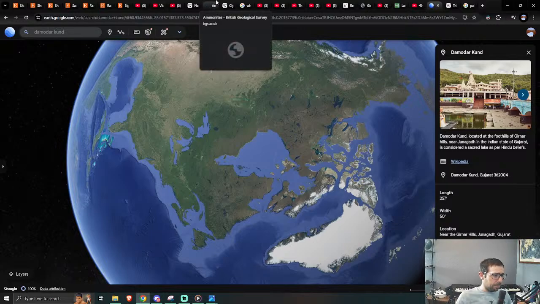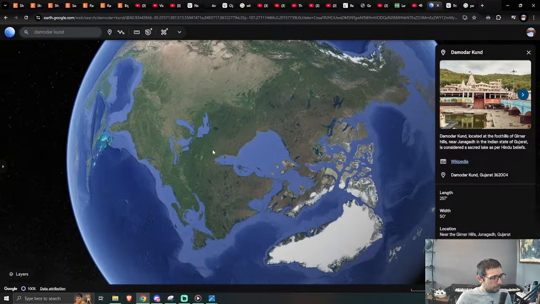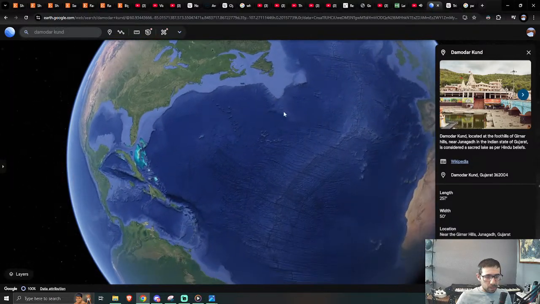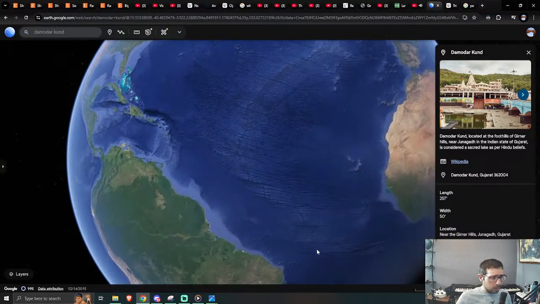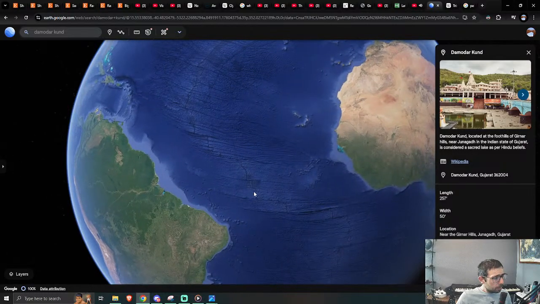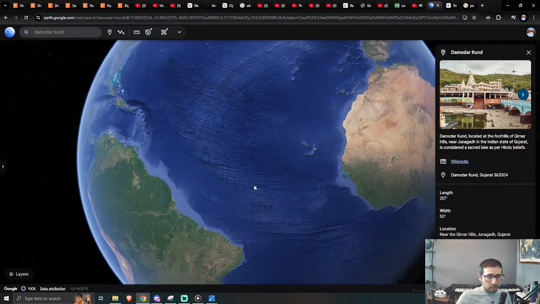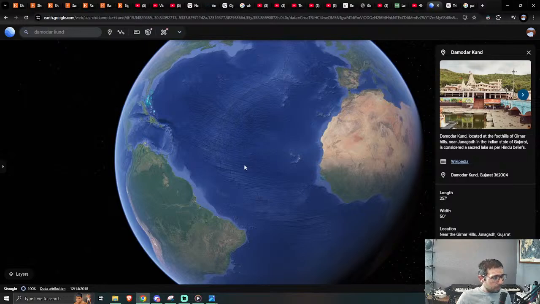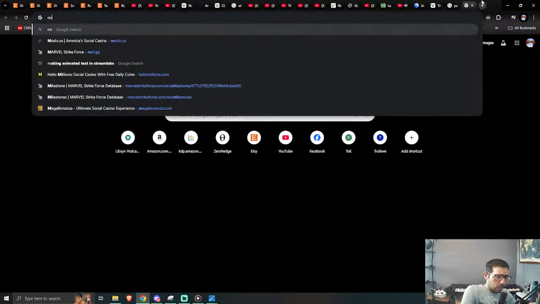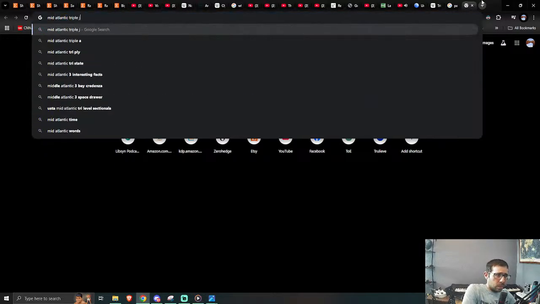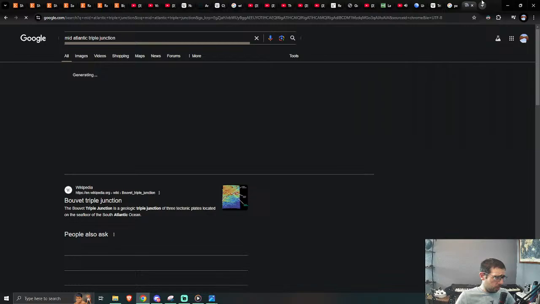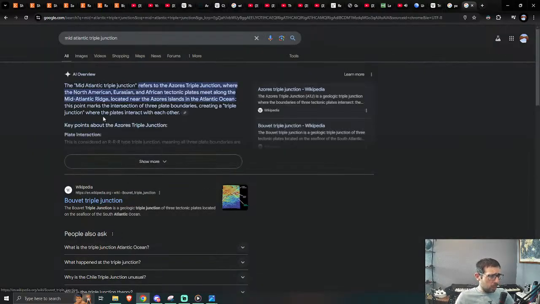Oh, man. I mean, this way. Mid-Atlantic Triple Junction. Iserv. Bouvet. Oh, Azores.